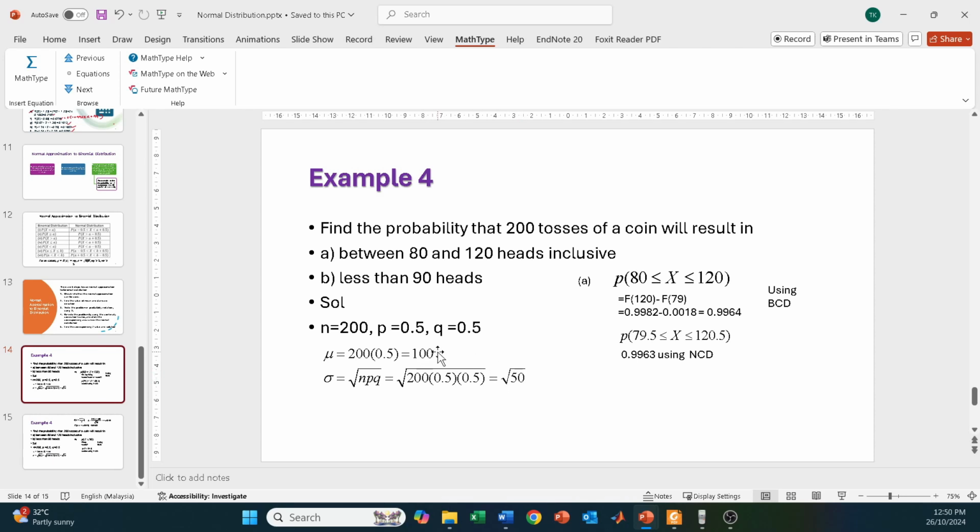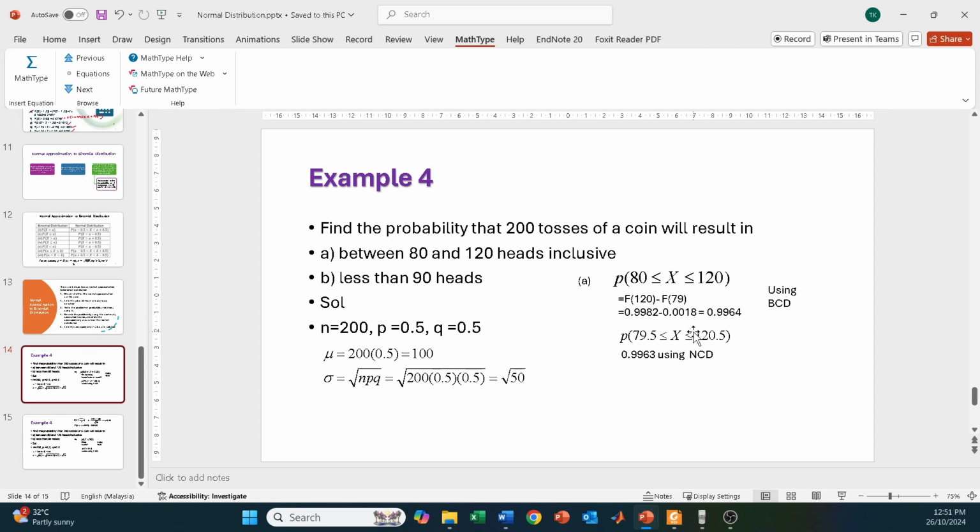Otherwise I need to convert X into Z by calculating 79.5 minus 100 divided by square root 50, and then key into the normal CD with mu equal to 0 and sigma equal to 1.